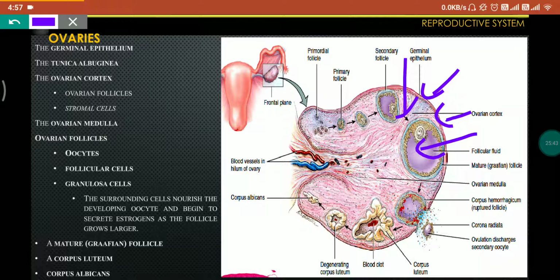And the cells which help in the production of hormones like inhibin, estrogen, etc. And the ovarian medulla consists of oocytes and follicular cells, granulosa cells, etc. The mature Graafian follicle can also be seen here. This is the mature Graafian follicle, and this is the corpus luteum, which later becomes the corpus albicans.